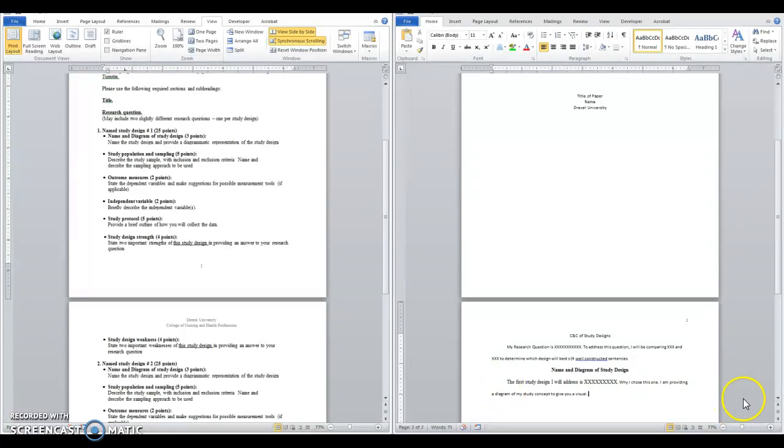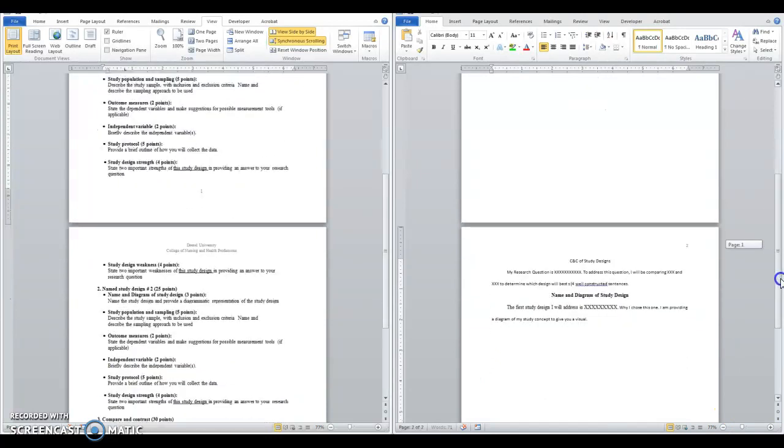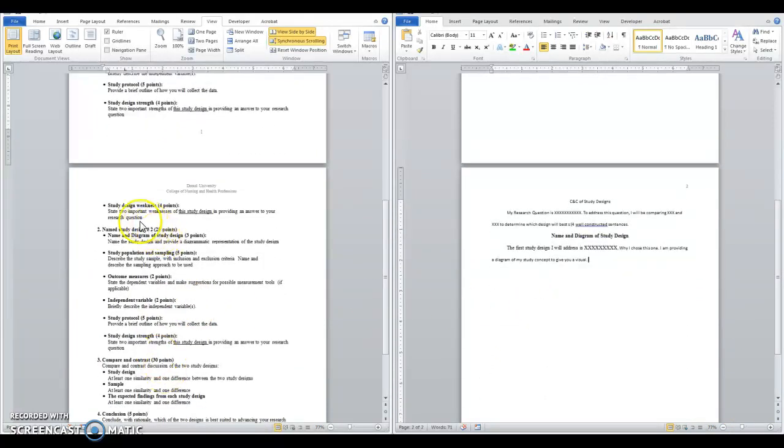All right, so that's the way I want you to structure your paper. For each and every point over here, you're going to give me a couple of sentences, and in paragraph form, so make sure they're paragraphs. Now you can combine some of these sections if you like. If you wanted to do this all under name study design, you see that's 25 points for that entire category.